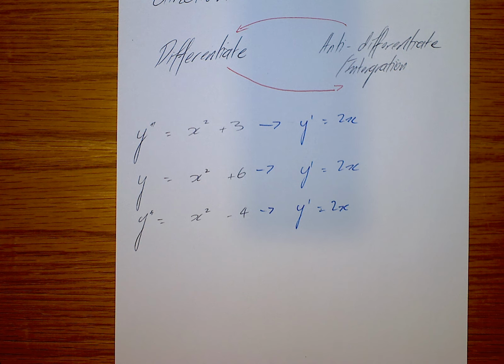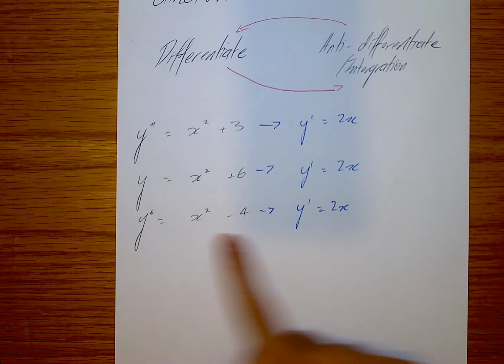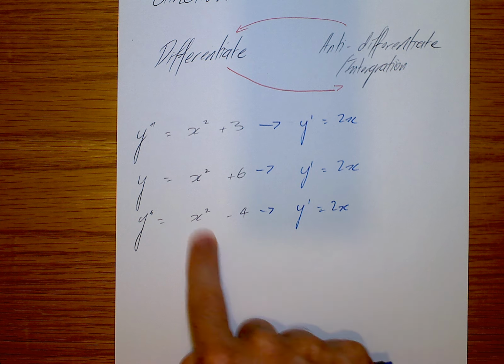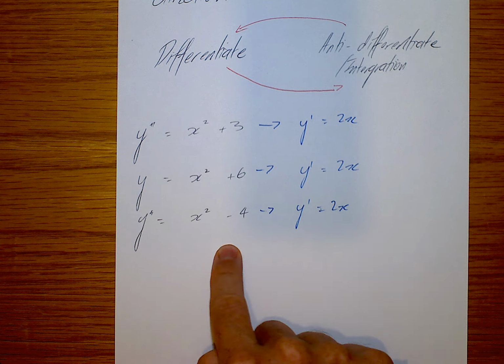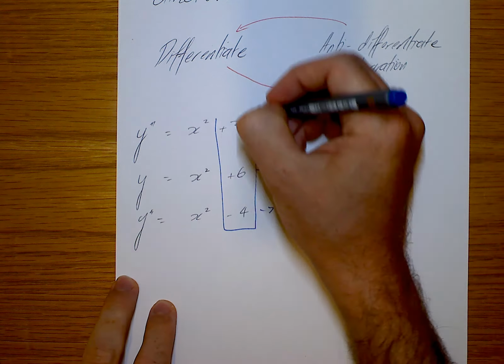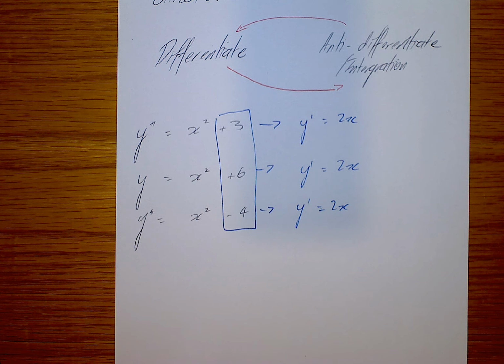Therefore differentiating gives us all these, but if we were to go the opposite way, how could we do that when we've got 3 different numbers here? So we're like, okay, we're stuck with a problem.